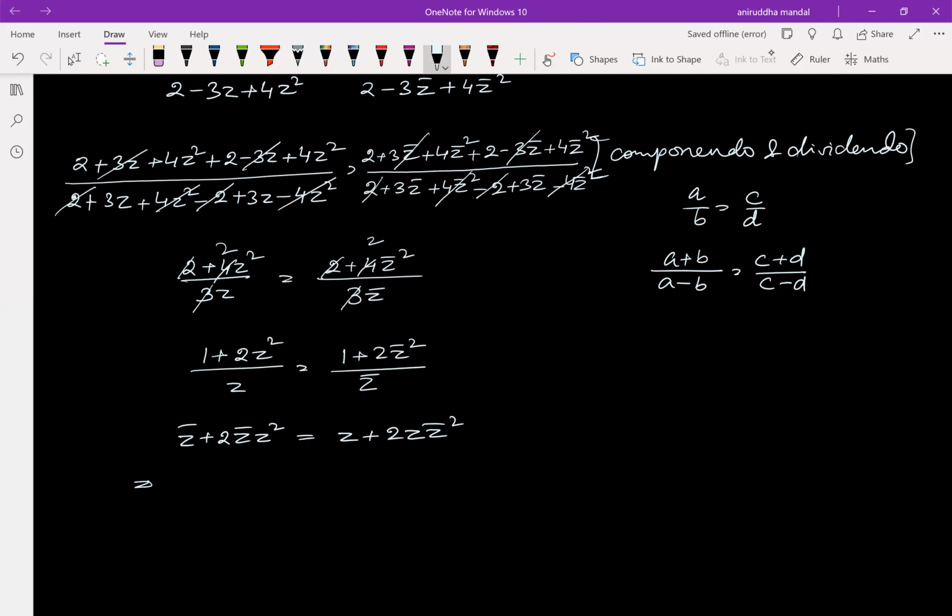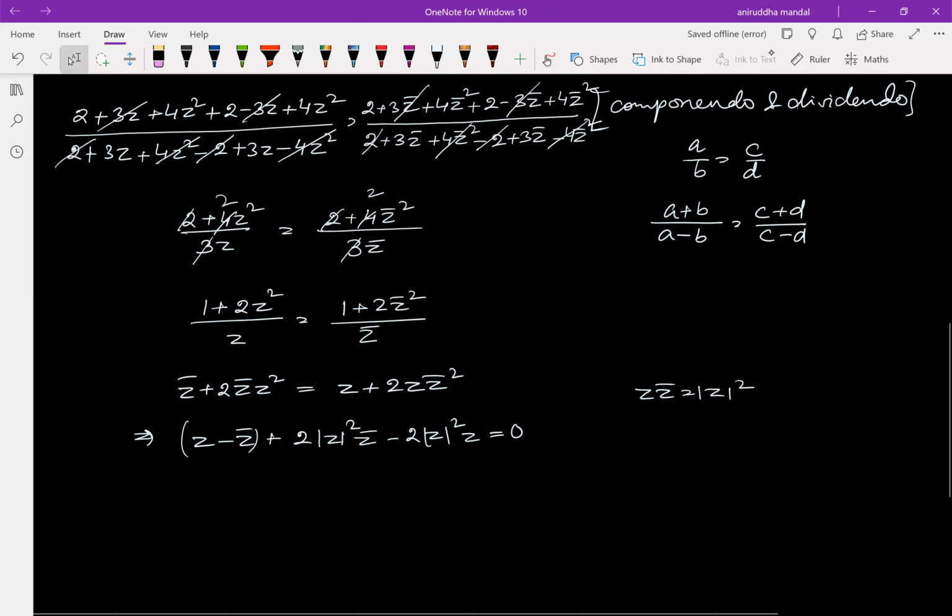Take to that side, so we have z minus z bar. Let me write once again. This z z bar square means z z bar into z bar, so z z bar equals z square. This z bar will remain, and this is 2 z square into z equal to 0.